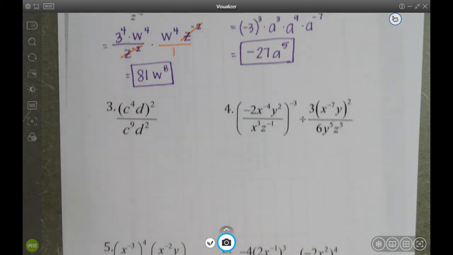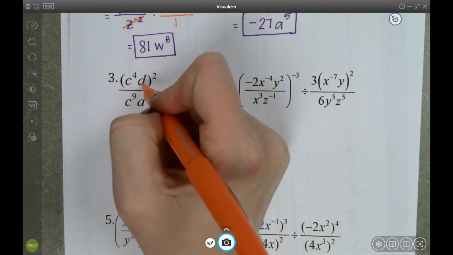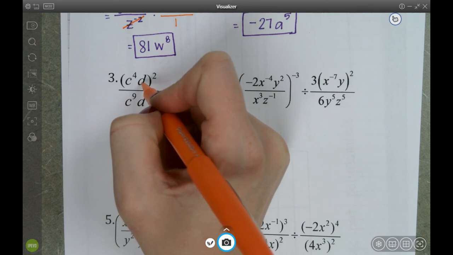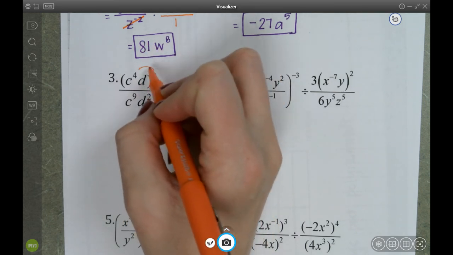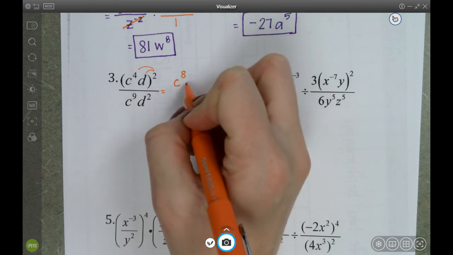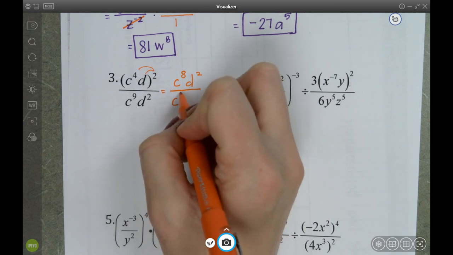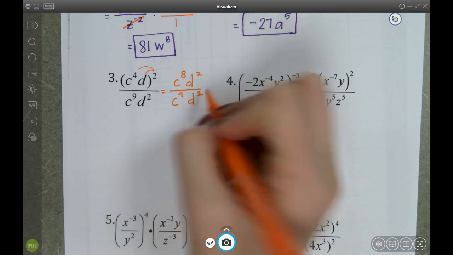All right, number 3. Right here, since these variables are being multiplied, I can distribute the 2. So that's going to give me c to the 8th power d squared over c to the 9th d squared.